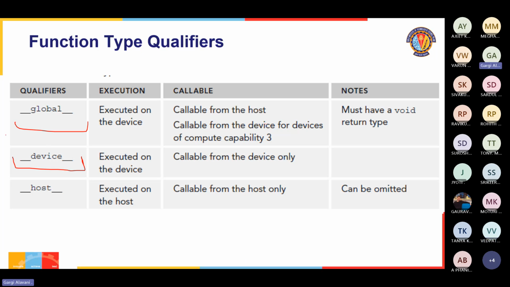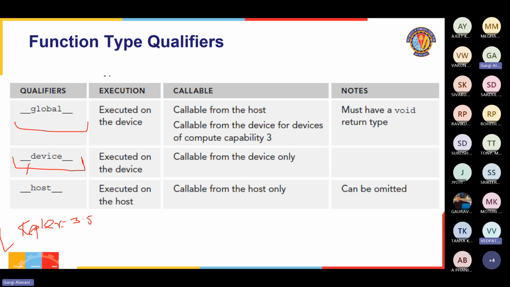Okay. Each architecture, when it is introduced, comes with a compute capability. The Kepler architecture had a compute capability of 3.5, which came around 10 years back. Then came Maxwell, which was around 4. Then Pascal, which had compute capability of 5.